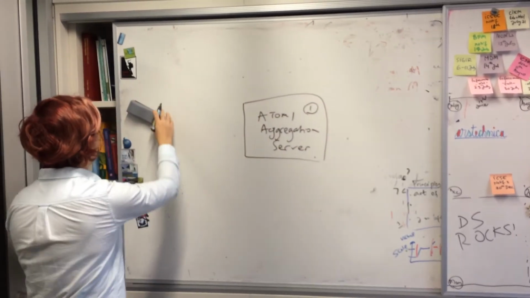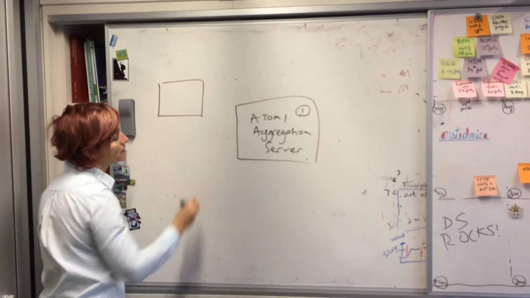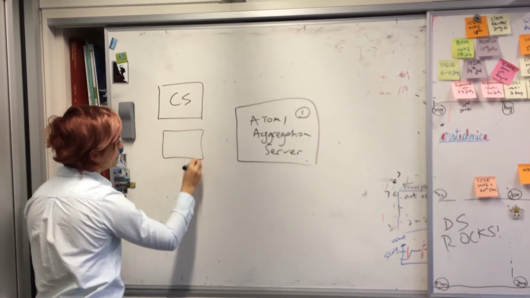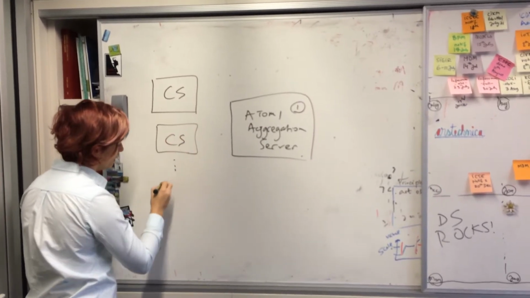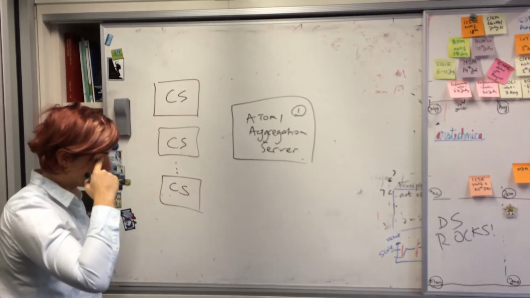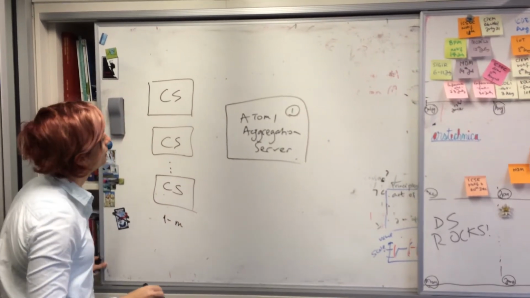With this aggregation server, there are a number of content servers that are communicating. I'm going to call them CS here just because I'm lazy. So we have a number of content servers. These are more than one, clearly. They can be, I don't know, 1 to M if you must.